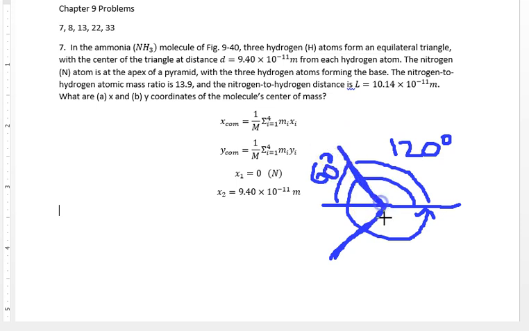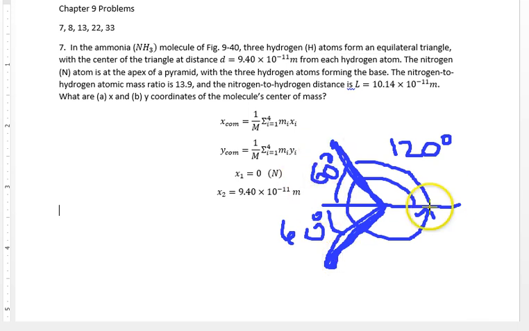So the x position of this is out a distance of 9.4 times 10 to the minus 11th meters, 60 degrees from the negative x-axis. The same is true for the other hydrogen. It is also 60 degrees from the negative x-axis, but below instead of above.